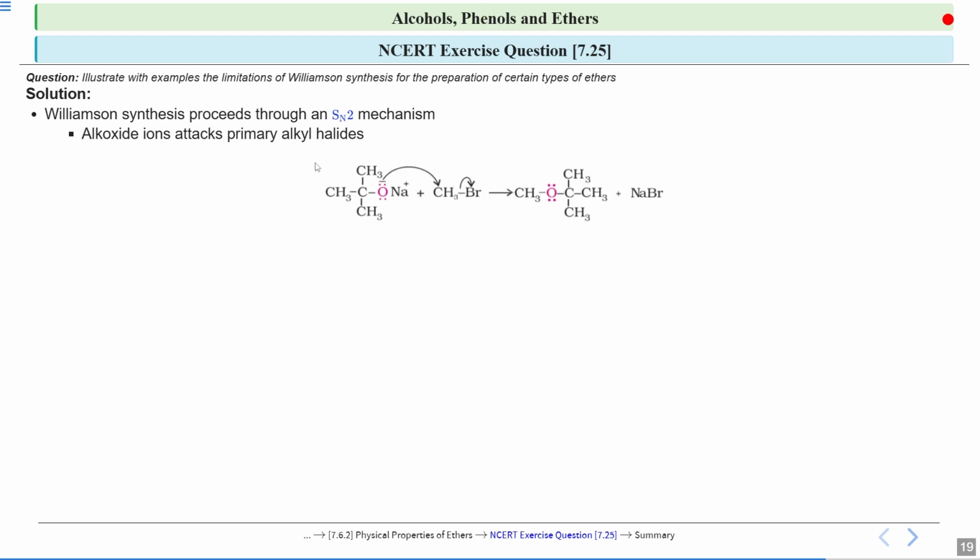See here, this is a tertiary alkoxide and this is a primary alkyl halide. What will happen? This oxygen has electron density, so it will attack this carbon and the halide group will leave. So it will form sodium bromide and an ether will be formed.